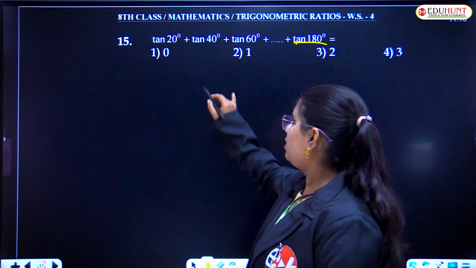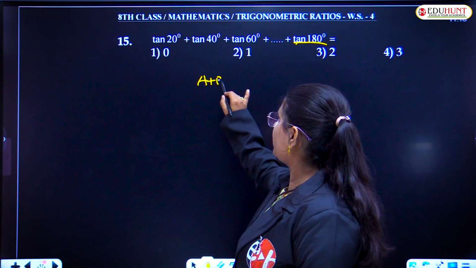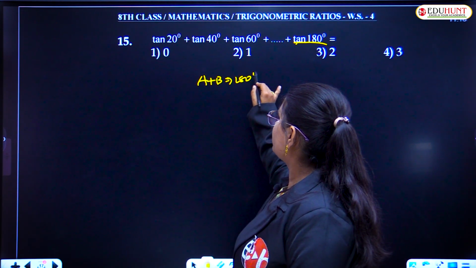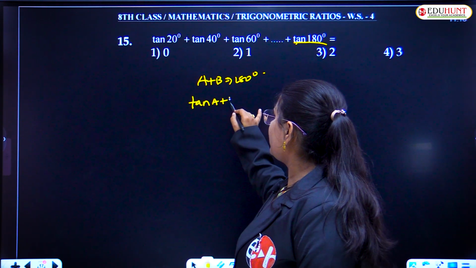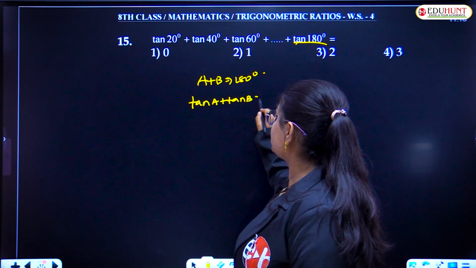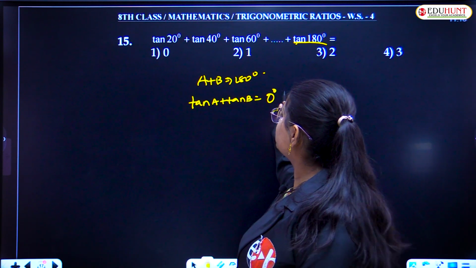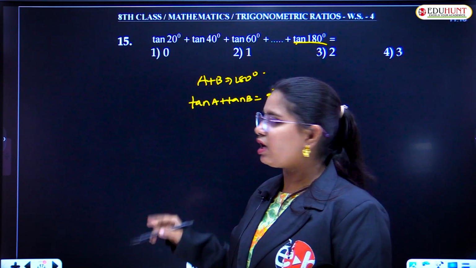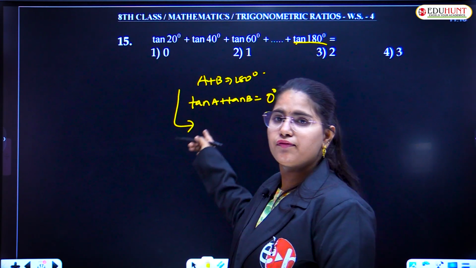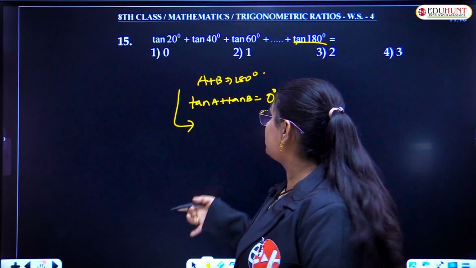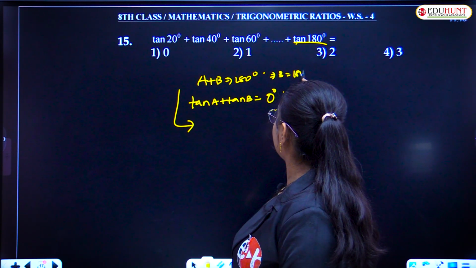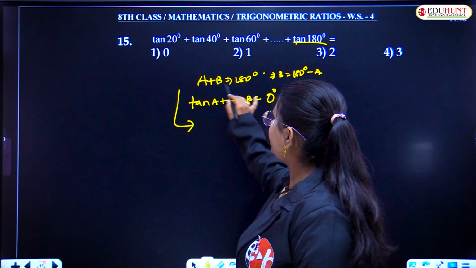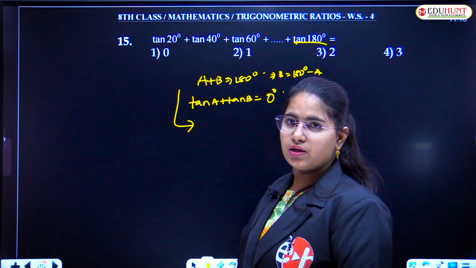Yes, of course. A plus B is equal to 180 degree, then we will have tan A plus tan B equals 0. Already I have discussed. How? Let me take a proof, I just want to recall it. So B can be written as 180 degree minus A. Yes or no?